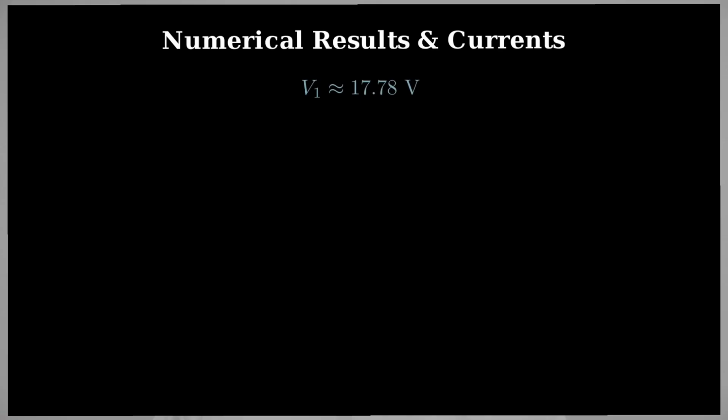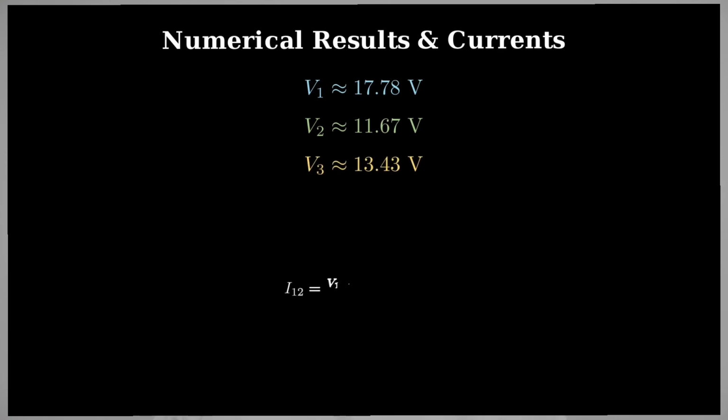Converting the exact fractions to decimals gives V1 equals 17.78 volts, V2 equals 11.67 volts, V3 equals 13.43 volts. Now we calculate branch currents. The current through the resistor between node 1 and node 2 is I12 equals V1 minus V2 over 3000 ohms, which gives us I12 equals 2.04 milliamperes.